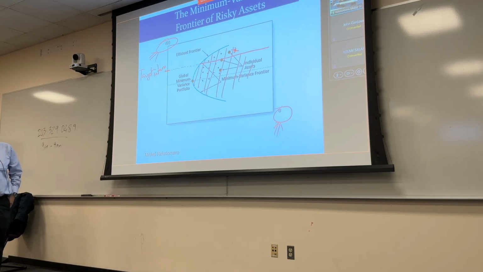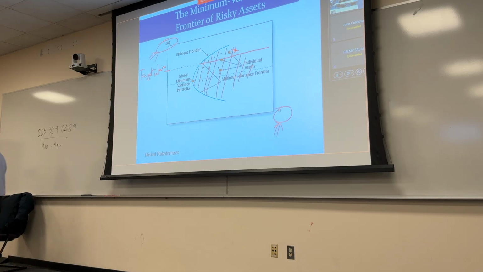So the straight line you see on the screen again is basically all of the portfolios that will give you that target return. Which one is the best? The one that crosses the blue curve.